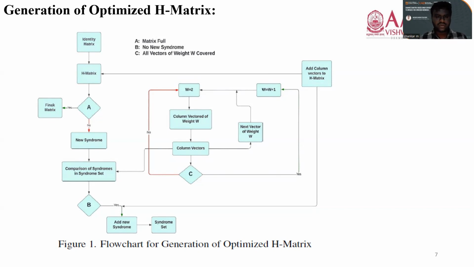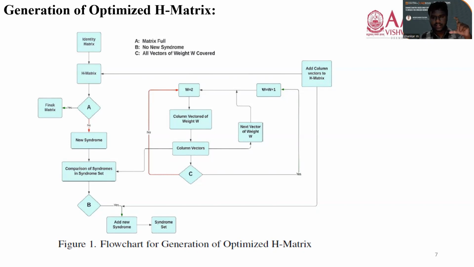The flowchart shown on the screen tells you how the columns are introduced. First comes the identity matrix, then the H matrix comes into play. How do we add a column to the H matrix? As we see in the flow, first a new syndrome is taken with the lower weight. Then the vector which is taken is XORed with the previous columns.